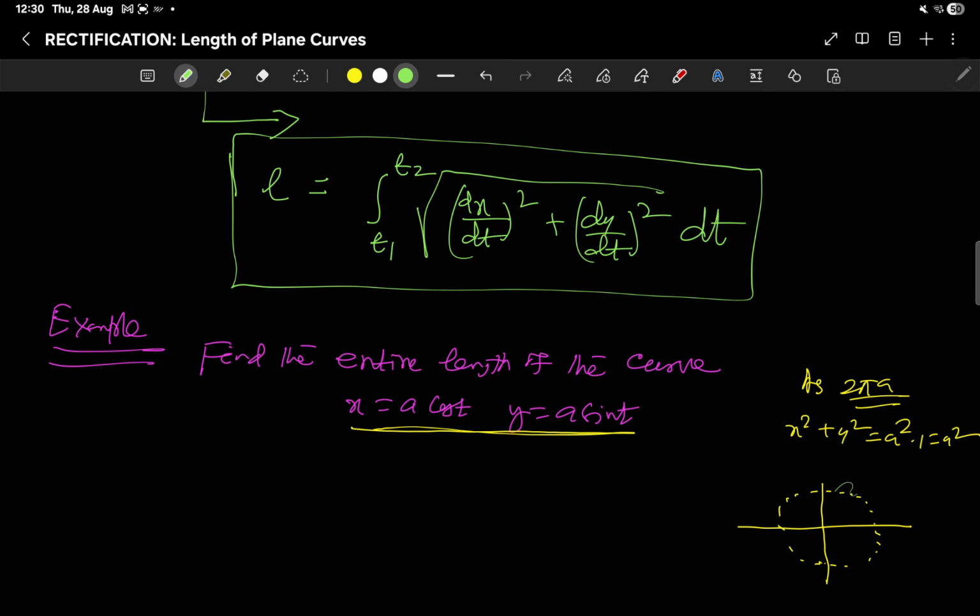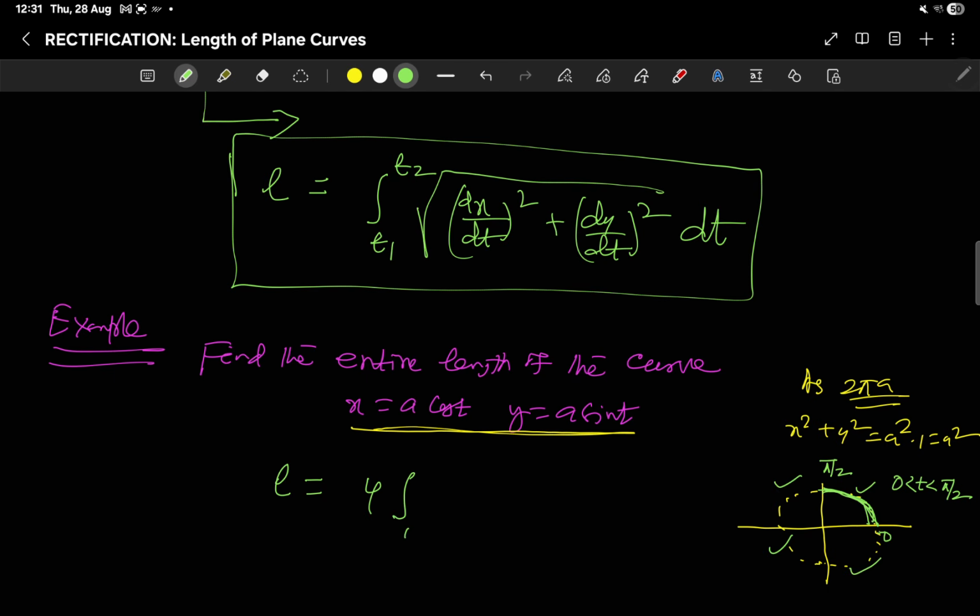If I consider the circle in the first quadrant, where the angle of rotation runs from 0 to pi by 2, so 0 less than t less than pi by 2, then what is my length? My length will be 4 times, because of the symmetry, this plus this plus this plus this.